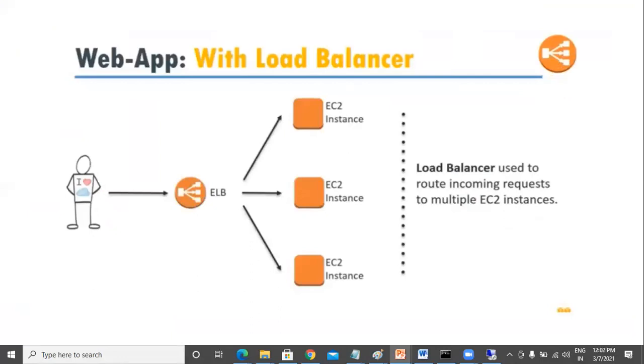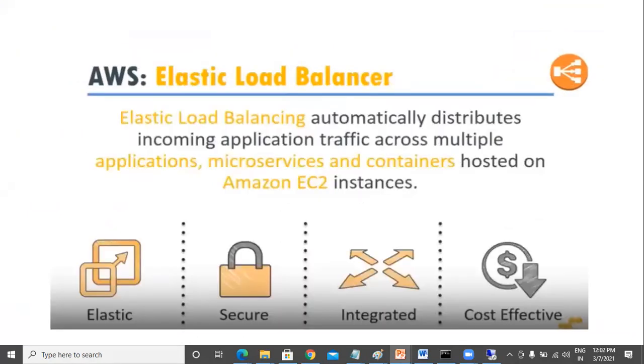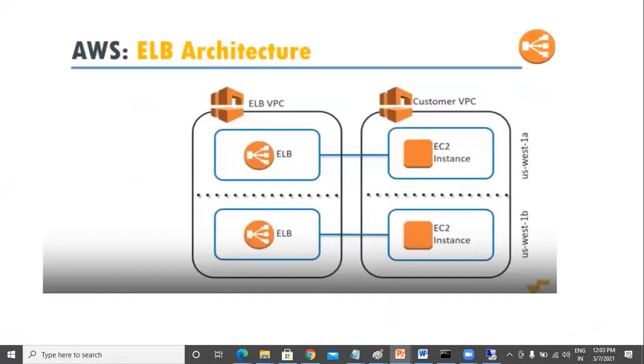The load balancer will distribute the load to multiple EC2 instances. It automatically distributes the incoming application traffic across multiple application microservices, containers, or EC2 instances. So it can distribute between any of these solutions.